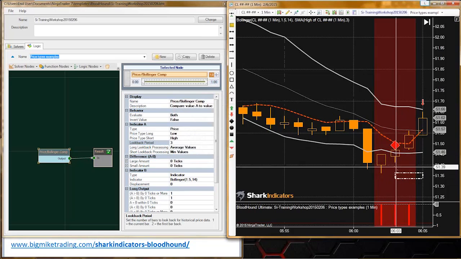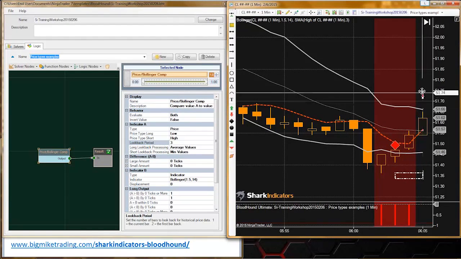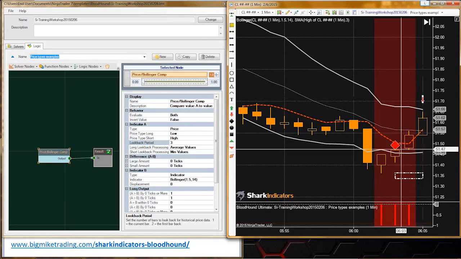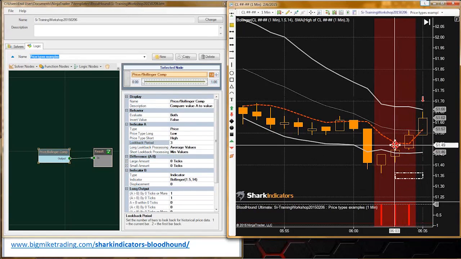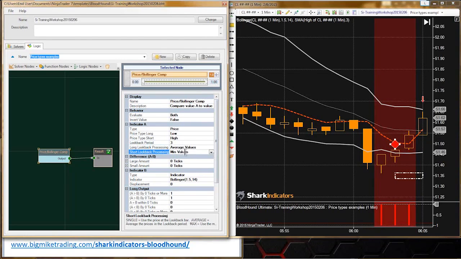And so now on the current bar, we can see there is no long output anymore, since the lowest high is inside the bands. That's how the minimum function is going to look.